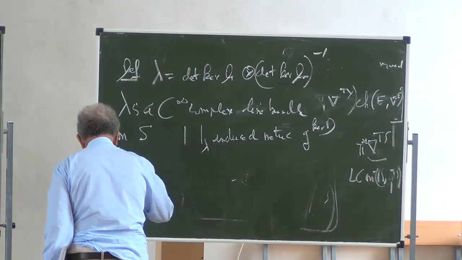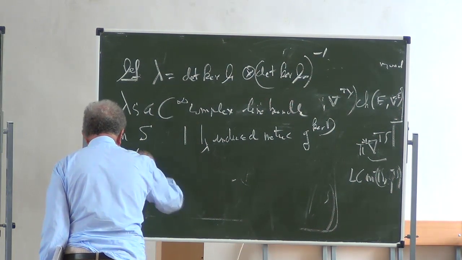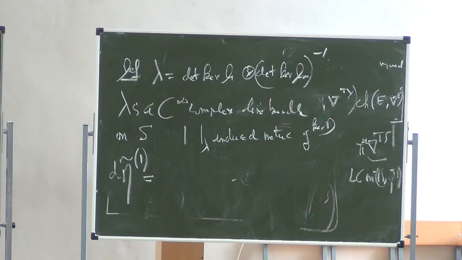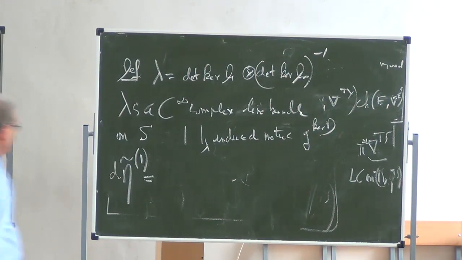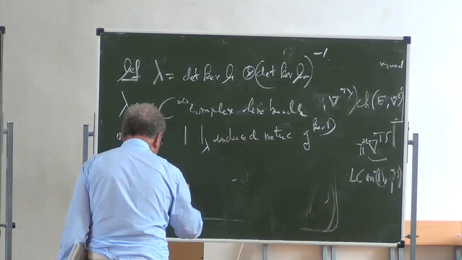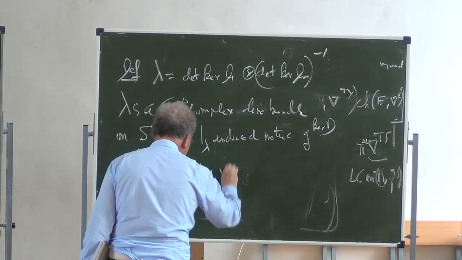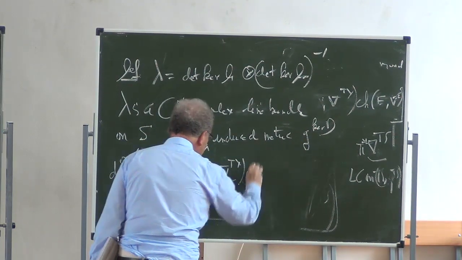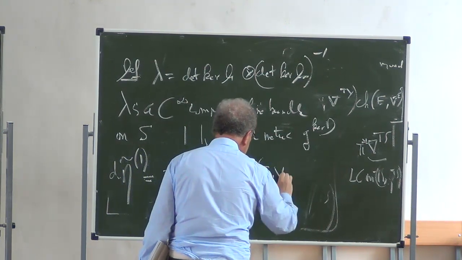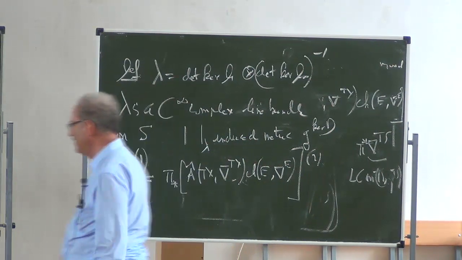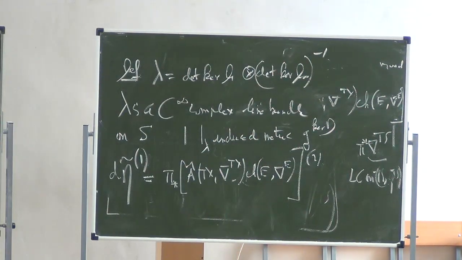In degree 2 it means that D of eta tilde 1 will be equal to the pi star of A roof of Tx nabla Tx, Ch of E nabla E in degree 2, so it is this one minus alpha infinity in degree 2.